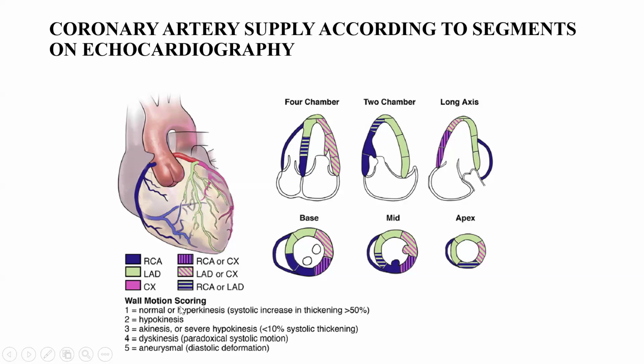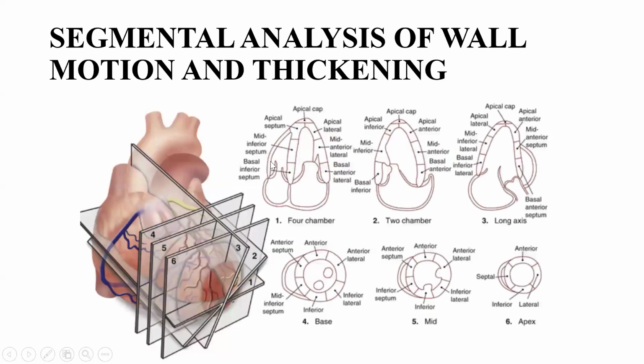And we'll use it to do the wall motion score index, which essentially grades all the 17 segments if you are using the 17-segment model as a denominator. And if you score each of the segments 1 and it's normal throughout, that's 17 over 17. So it will give you a score of 1. So a wall motion score index of 1 is what is expected in a normal person.